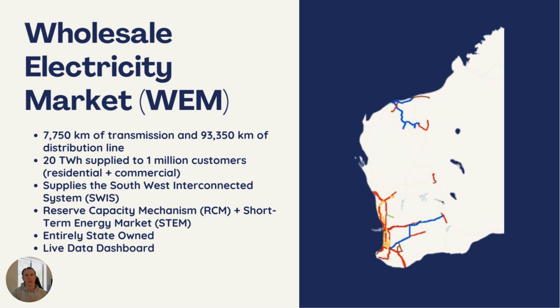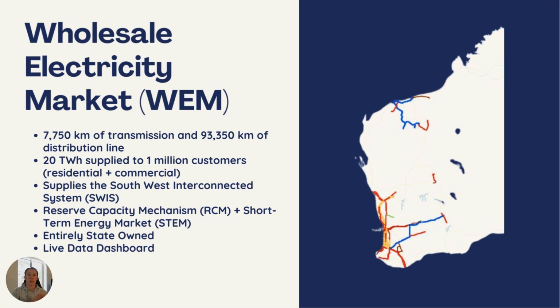The Reserve Capacity Mechanism essentially pays generators upfront, 48 hours in advance. The generator will come to them and say, on this date we can generate this amount. They get given a capacity credit, which they can then redeem at that time to generate that amount. The short-term energy market is kind of the same, but on a shorter time frame.